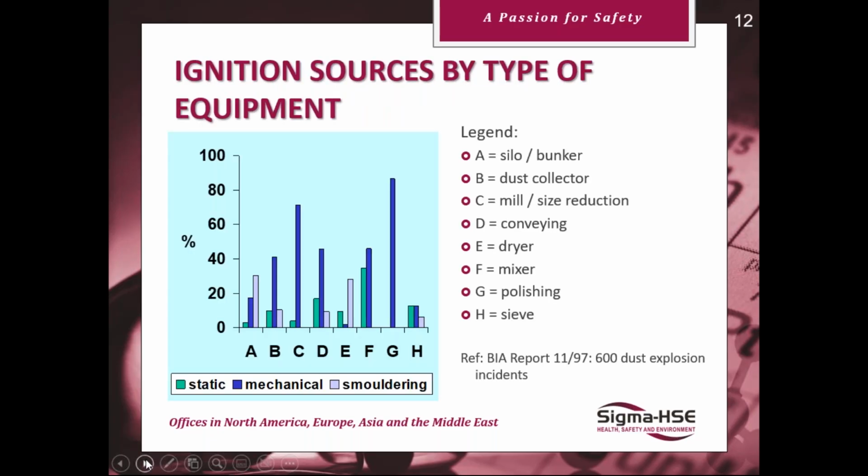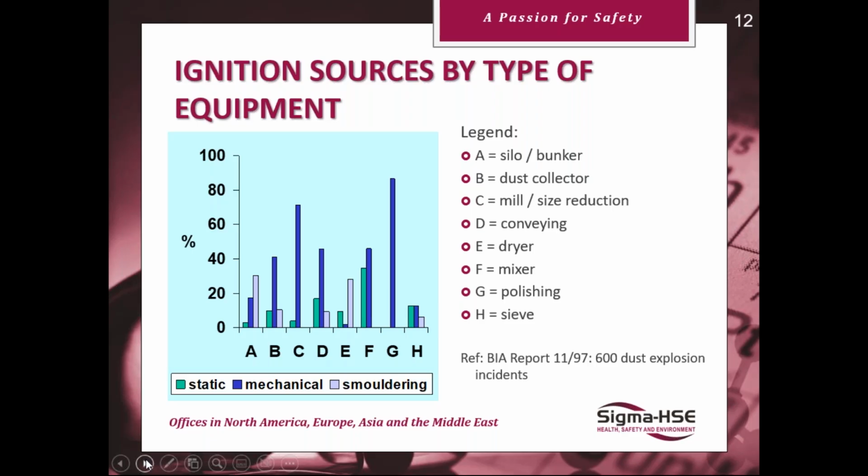So the types of equipment here are an illustration of where the higher risk of ignition happens. You can see statics there, mechanical and smoldering. If you look at A, silos and bunkers, and E, dryers, they're areas where you can get electrostatic problems for ignition.